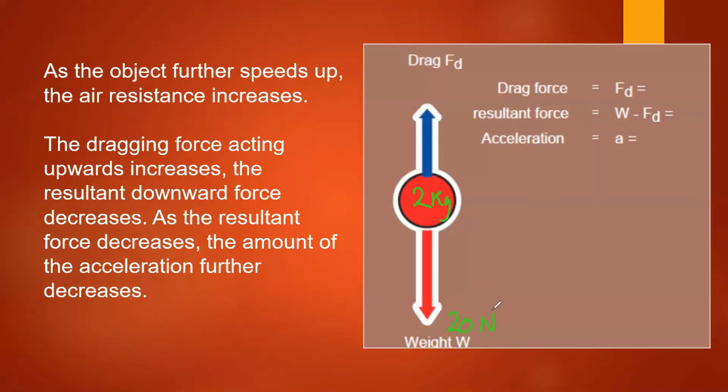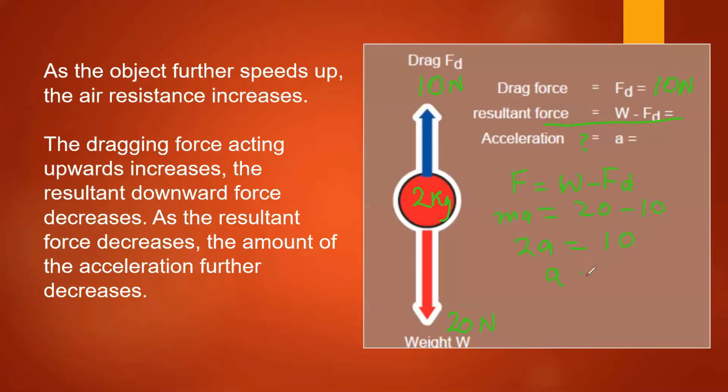And now if the drag acting on it is 10 newtons, that force upward, see what will happen now. Fd is a dragging force, 10 newtons. Now I'm going to calculate the resultant force, and then see the value of the acceleration. What will be the value of the acceleration in that case? The resultant force F is W minus Fd, the drag force, 20 minus 10, and that is ma. m is 2, so 2a equals 10 newtons.